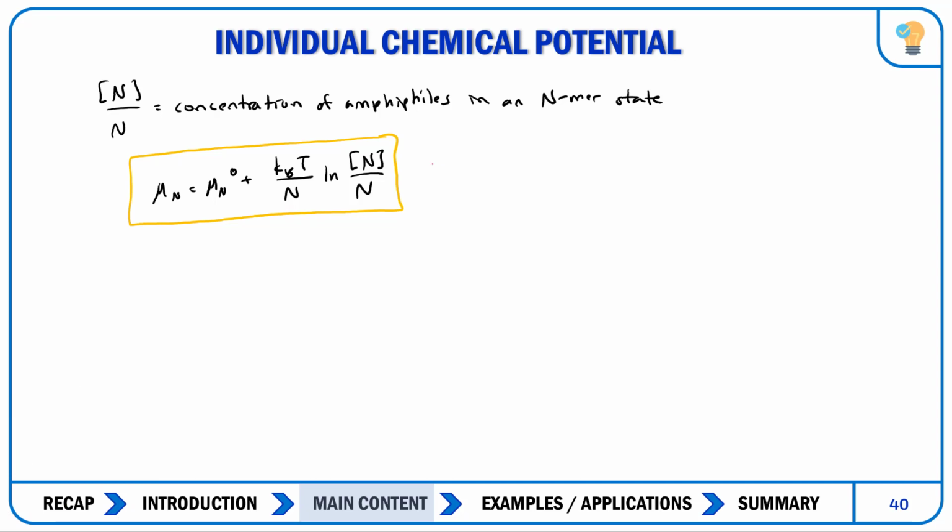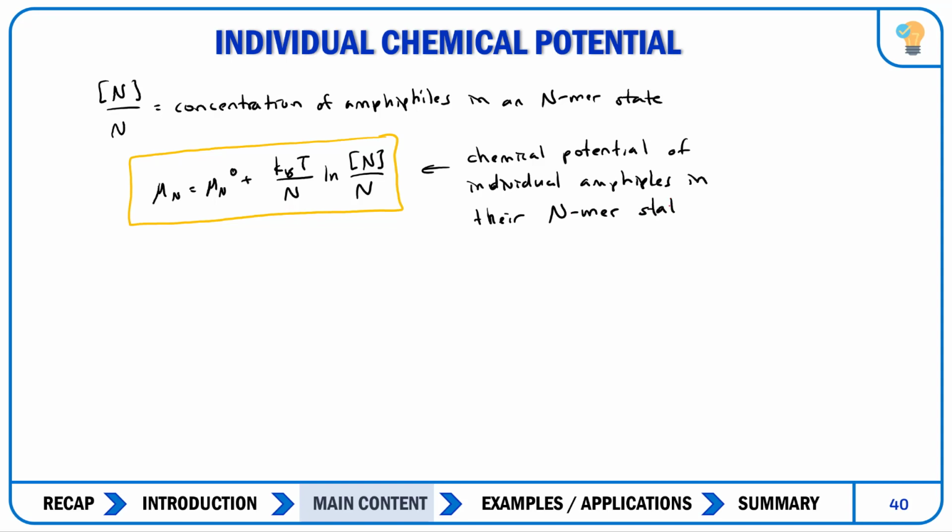So this is the chemical potential of individual amphiphiles in their n-mer state. And that's pretty much it. We've been able to come up with some model to represent that.